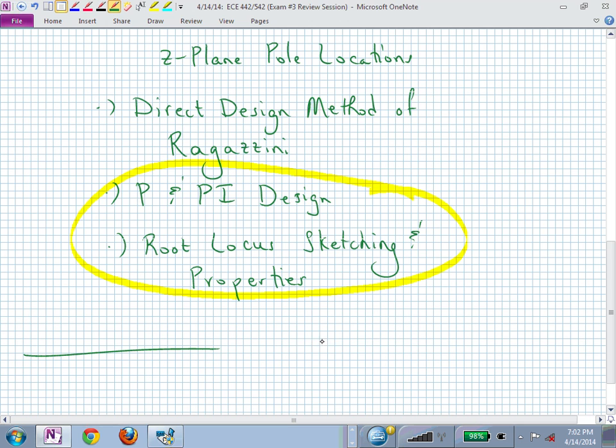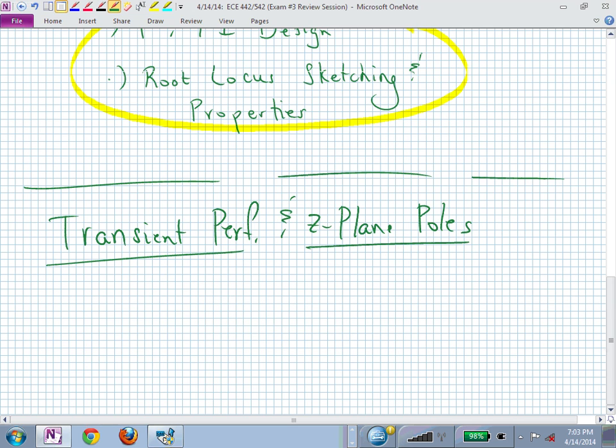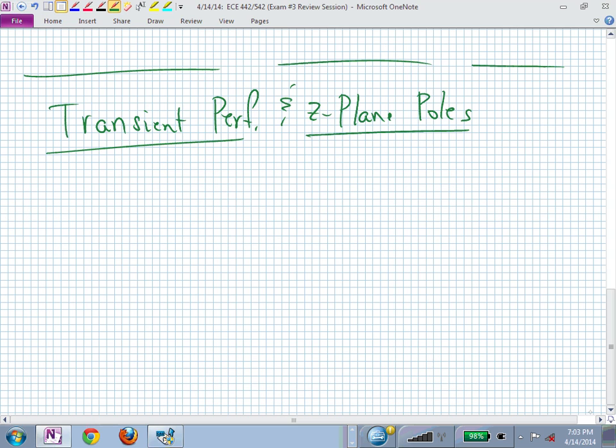All right, for the first topic, let's say this is transient performance and z-plane poles. Here I'm going to suggest that we have 3 different categories.